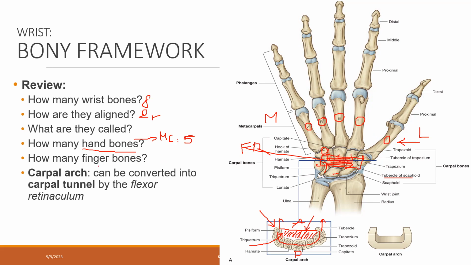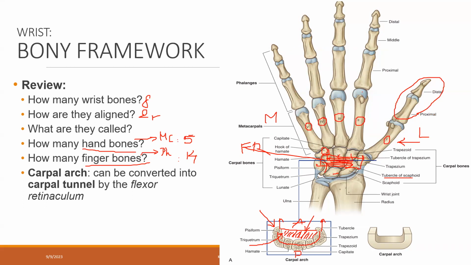Now, how many finger bones are there? But first, what are finger bones called in scientific language? Phalanges. Good. The singular form is phalanx. So how many phalanges are there in total? 14. Good. Why isn't it 15? Because there are only 2 phalanges of the thumb.